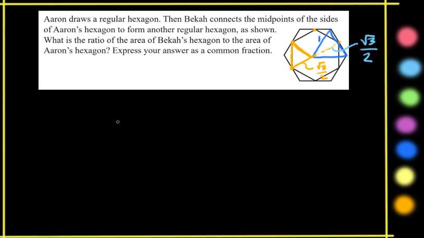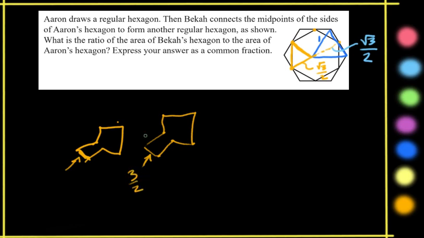So for example, if I had some weird shaped figure, let's say like this, and I had another weird shaped figure that was similar to it, and I knew that the ratio of this side here to this side here was 3/2, then I could just say, okay, the ratio of the areas is 3/2 squared. So I'm going to use that same trick here. The ratio here of the side lengths is square root 3 over 2. So I just need to take that square root 3 over 2 and square it, and that gives me 3/2.